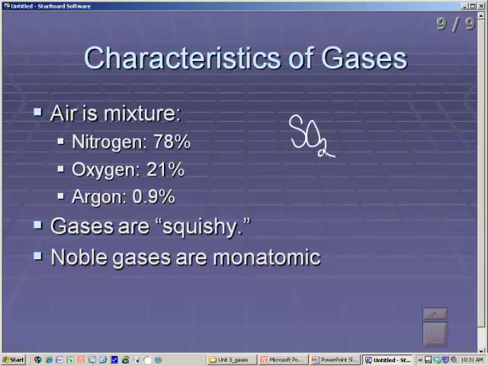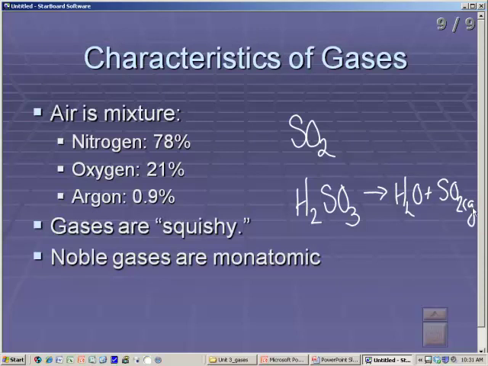Do you remember me talking about the compound H2SO3? How this particular gas, if it's being formed, it can oftentimes decompose into H2O and SO2 gas. That's a popular misconception on some of my students in AP chemistry.